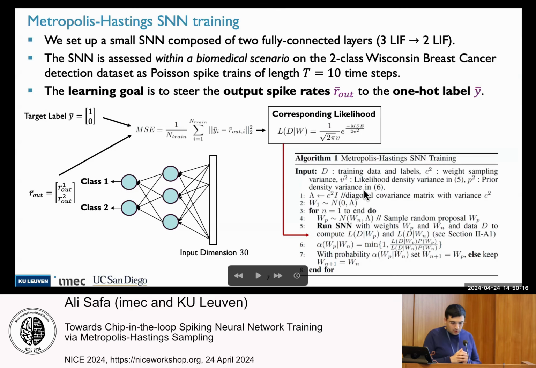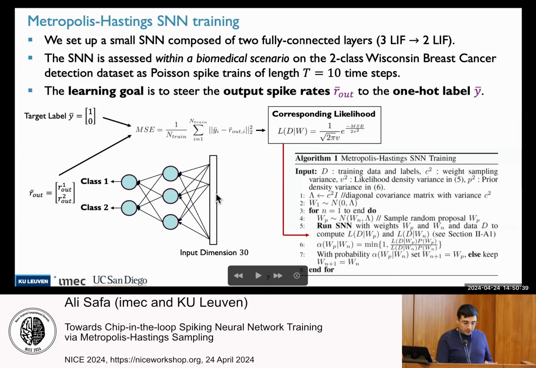Now, in this slide, we see how we integrate the spiking neural network into the Metropolis-Hastings algorithm. Here on the bottom right side, you have the Metropolis-Hastings algorithm. The first step, as I said, was to get a proposal weight tensor WP. Then you need to compute the likelihood of the data given this newly proposed weight tensor WP.